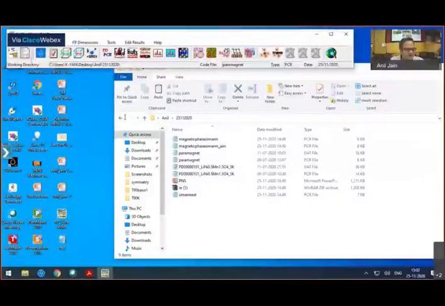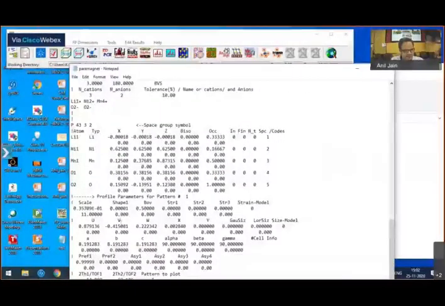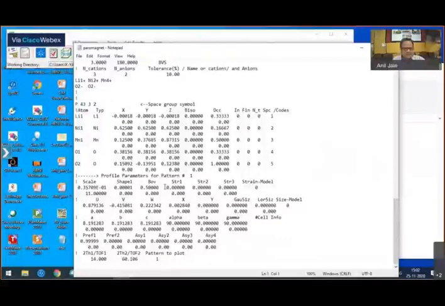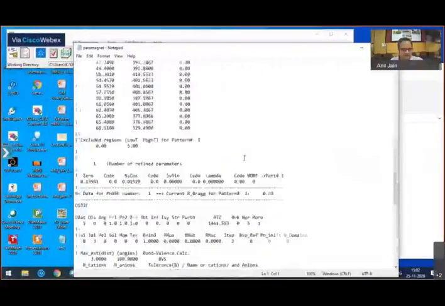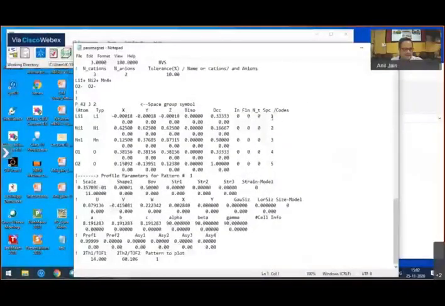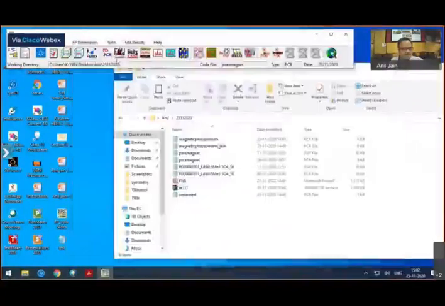Let me quickly have a look at the file again. This is only the nuclear phase. So how we proceed in these cases is we start with the paramagnetic phase and first complete the refinement of the nuclear phase. Let me quickly run it.